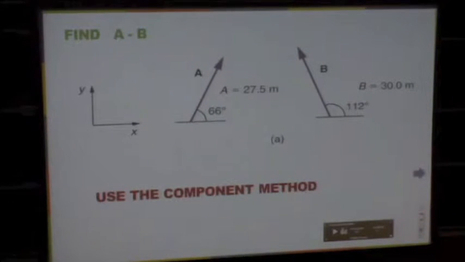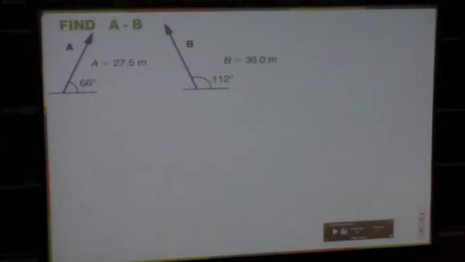Let's not use the component method. Let's use the definition. So, A minus B. That is literally A plus opposite B, or negative B. So do we have a vector A?